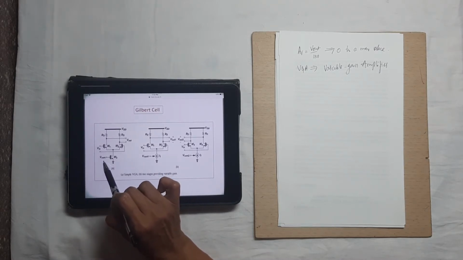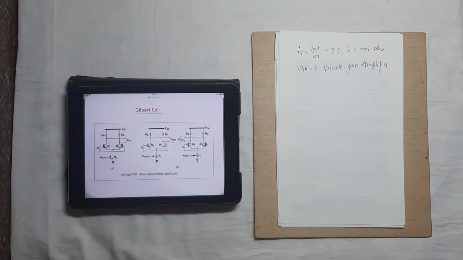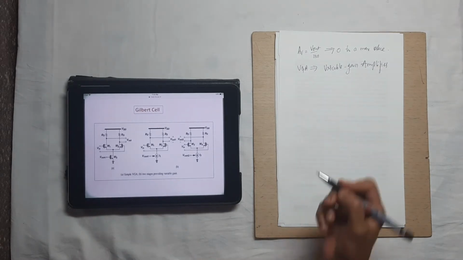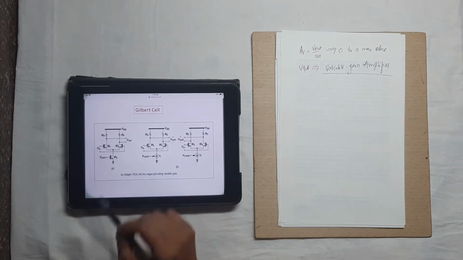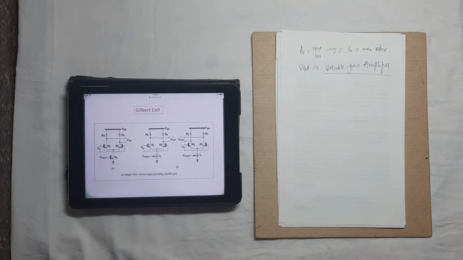If you vary this control voltage, this current is varied and automatically the gain is varied. Therefore, we call this circuit the variable gain amplifier. VGAs find applications in systems where the signal amplitude may experience large variations and hence require inverse changes in the gain.